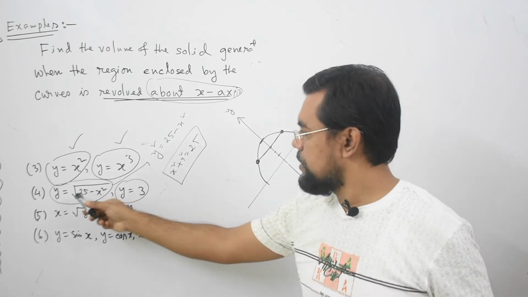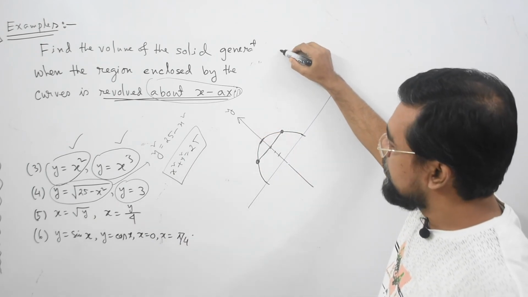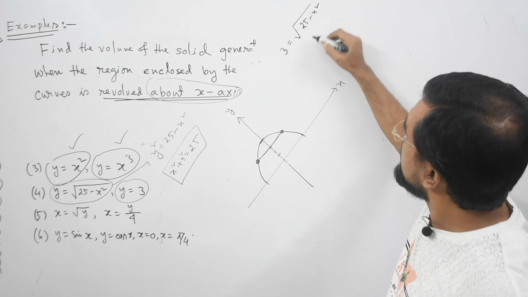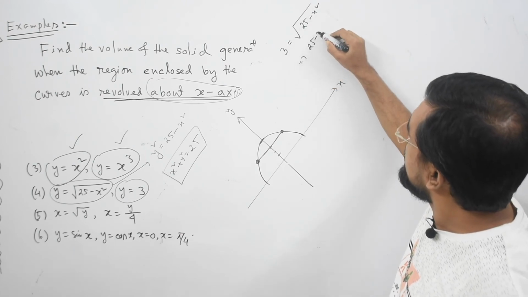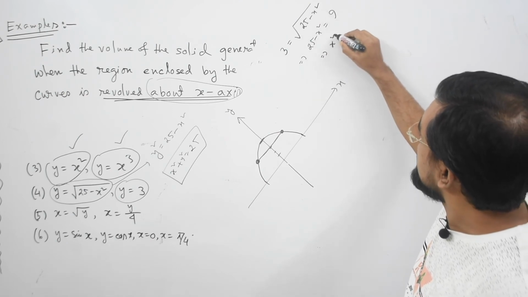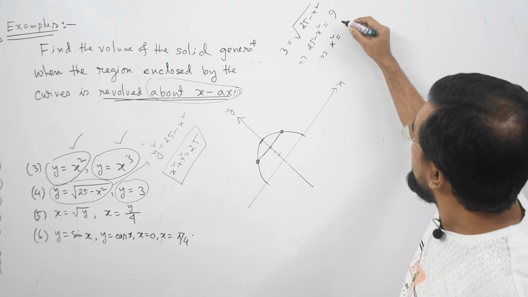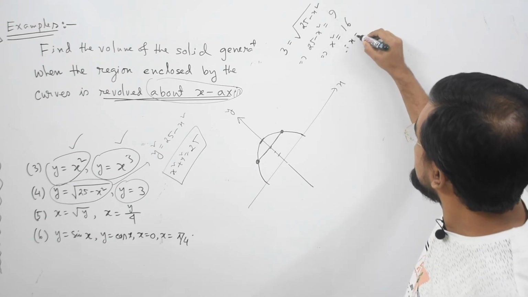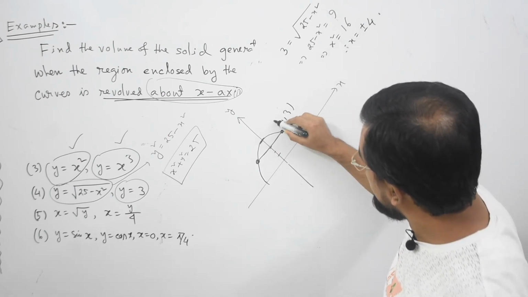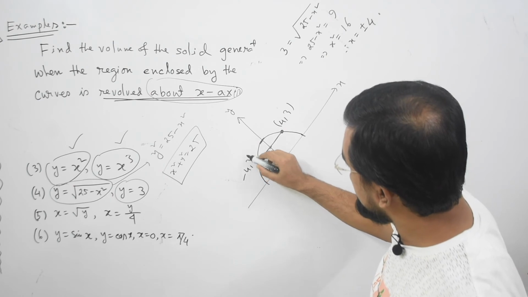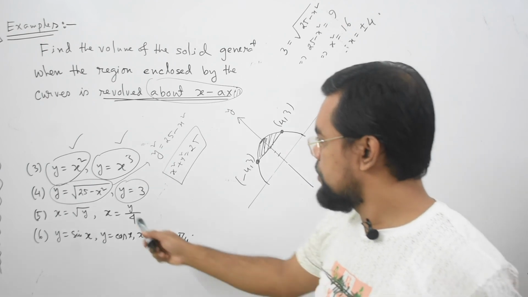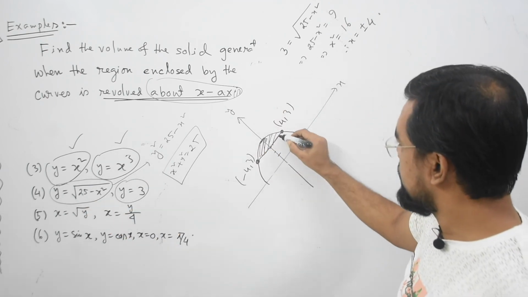If you put y equal to 3 here, then we have 3 equal root 25 minus x square. Squaring on both sides, 25 minus x square equal to 9, so x square equal 16, therefore x equal plus minus 4. So this one is 4, 3, and this one minus 4, 3. And this is our region enclosed between the two curves.